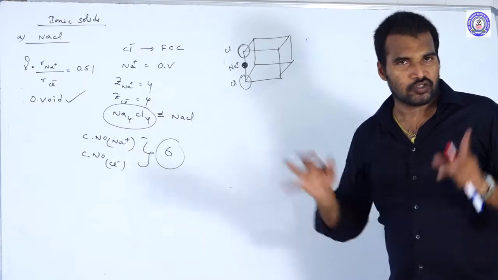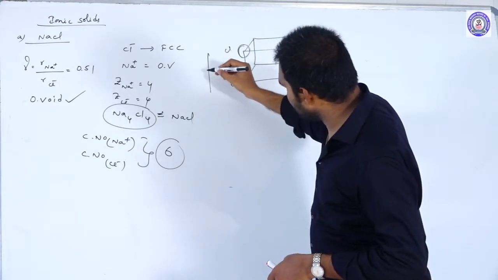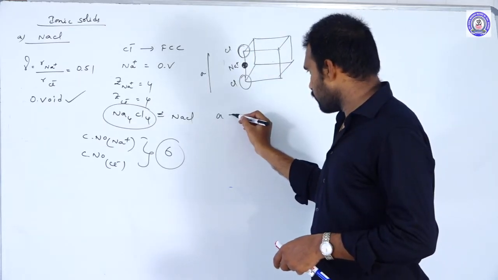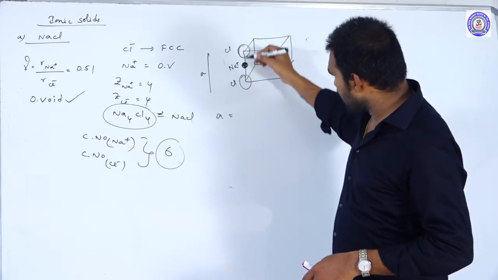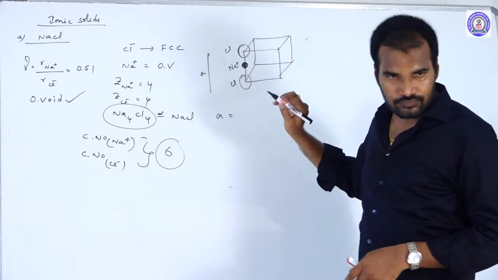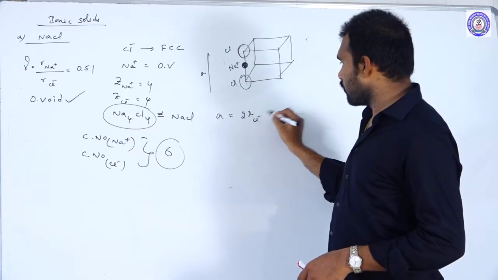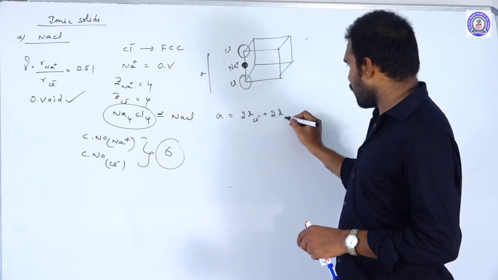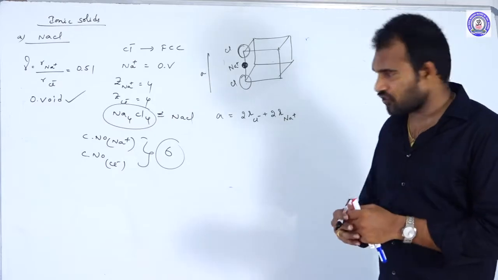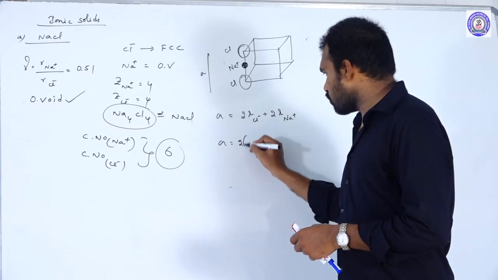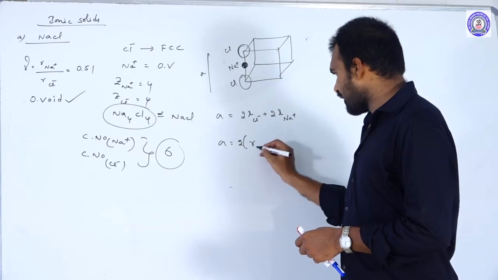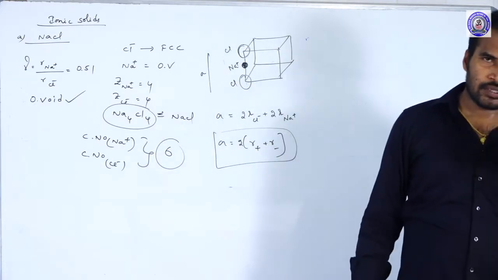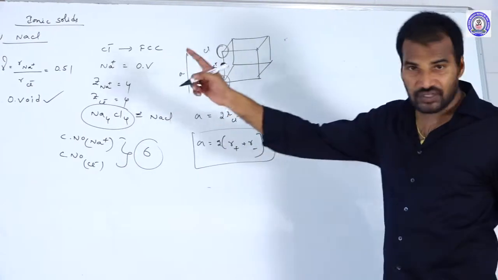So from this, the whole edge length a is equal to 2 RCl- plus 2 RNa+. So the edge length a is equal to 2 times the radius of cation plus the radius of anion. That is the relation between the radius of ions and the edge length in the NaCl crystal.